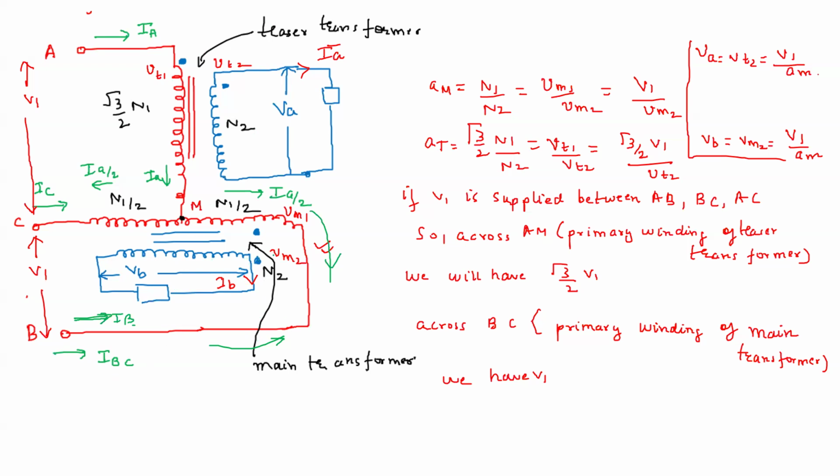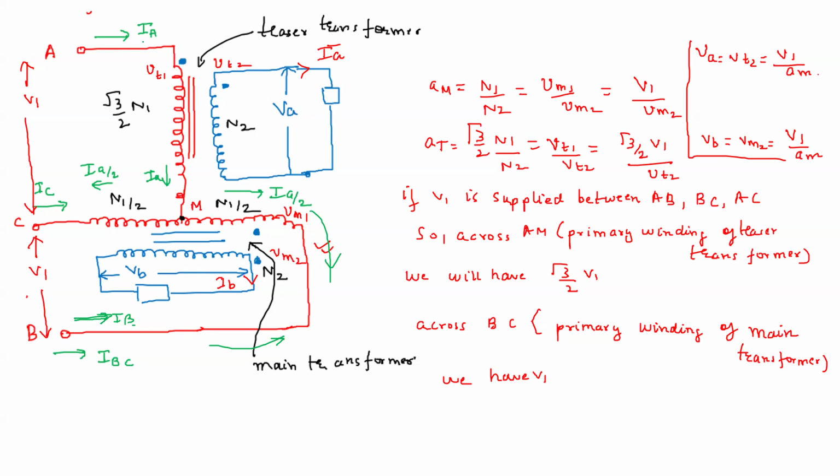So IBC is flowing like this, and IA, the small ia in the load on the secondary side of the teaser transformer, is leaving the dot. So IA current flows entering the dot for the MMF balance. Okay, so for the transformer action, the current should enter the dot here. So IA flows like this.